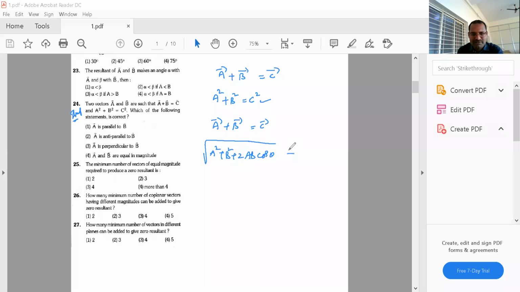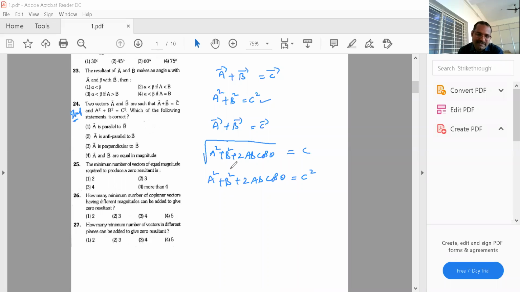So this will be equal to C. Now this root goes to that side, it will become A square plus B square plus 2AB cos theta is equal to C square. Got it? Root is going that side, it will become C square.